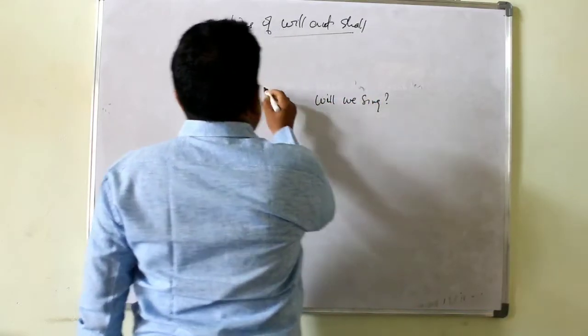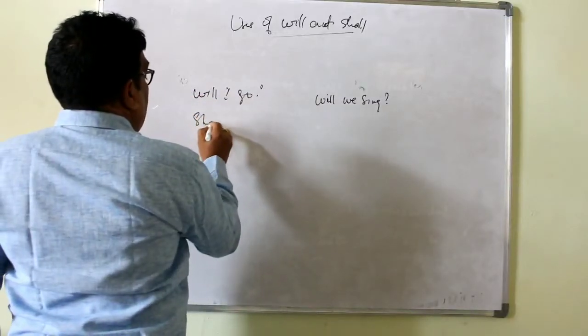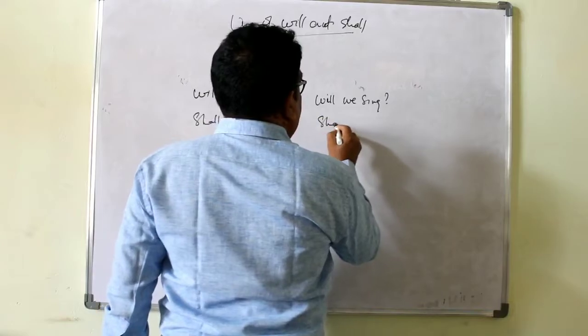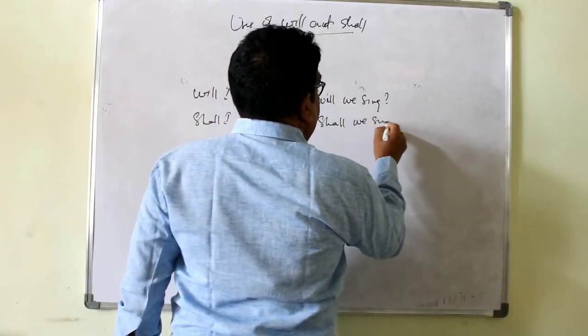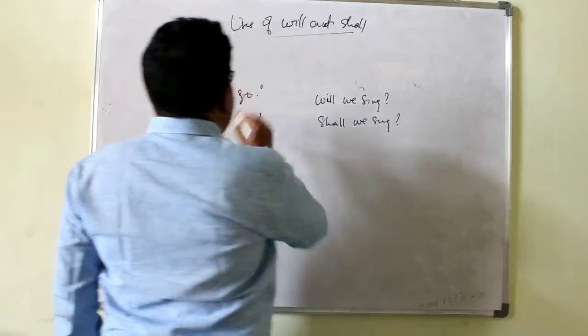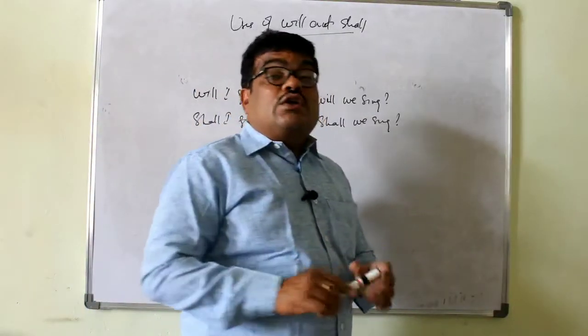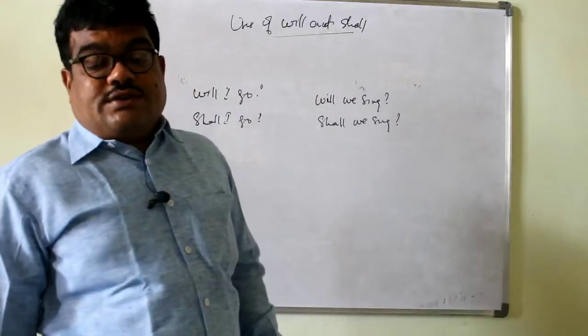You must not say like that. You have to say, shall I go or shall we sing? I repeat once again, in interrogative sentences, you must not use will in the first person. Write down.